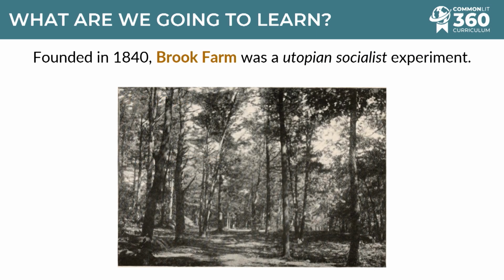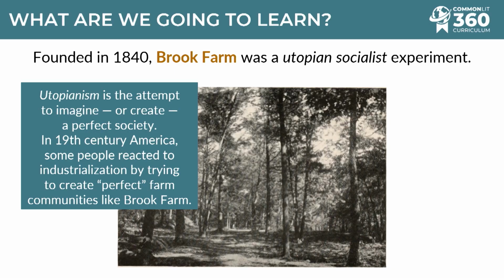Founded in 1840, Brook Farm was a utopian socialist experiment. So what does that mean? Utopianism is the attempt to imagine or create a perfect society. In 19th century America, some people reacted to industrialization by trying to create perfect farm communities like Brook Farm.